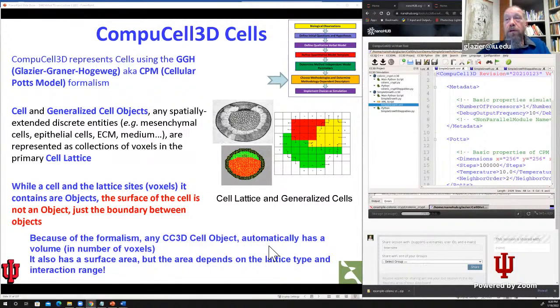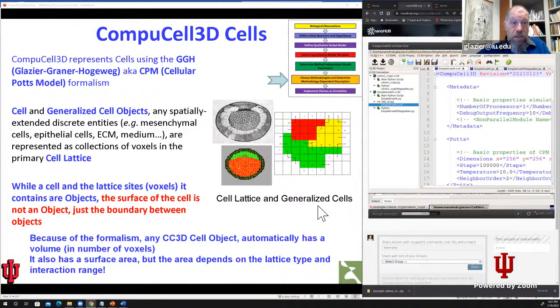One of the things that we're going to find, then, is that the volume of a cell exists, it's an object in a computational sense in the simulation, but the boundary of the cell is just a region of the lattice where one lattice site belongs to one cell and the adjacent site belongs to another.